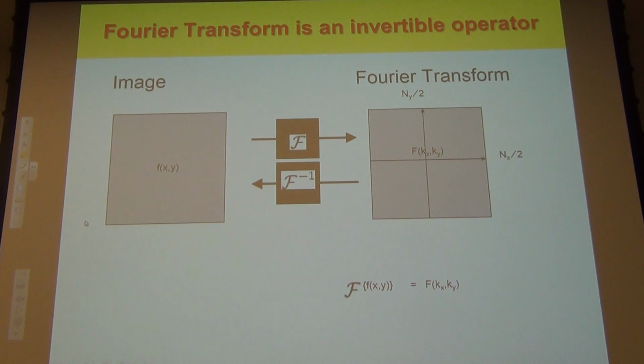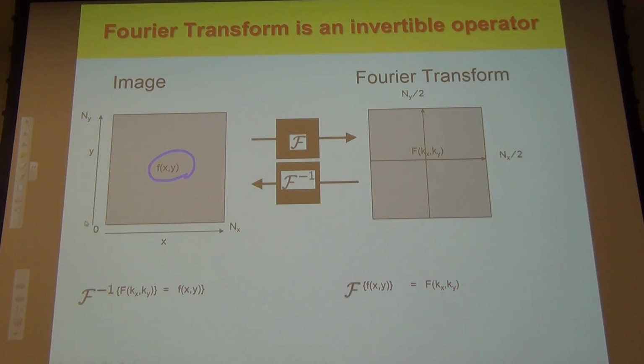So we have the image as a function in this way. At different x and y, you have different intensity, and you represent this whole image.